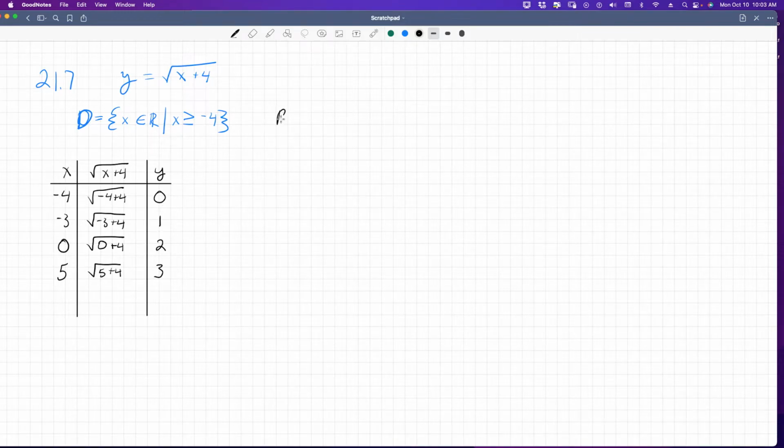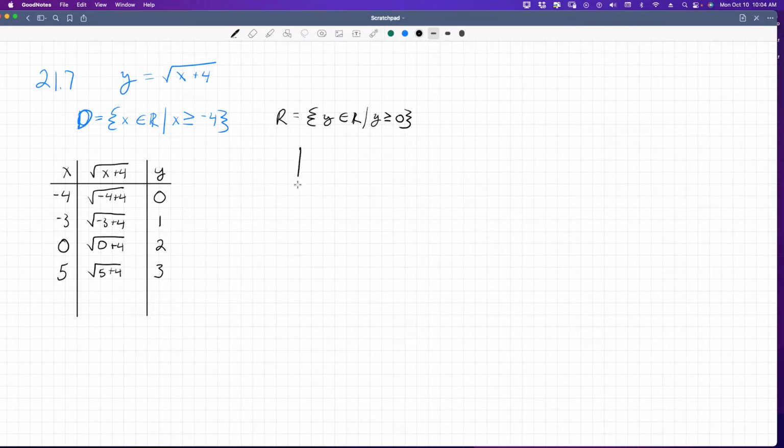So my range is equal to y is a member of the set of all real numbers such that y is greater than or equal to 0. Because it started at 0 and it goes up, it gets greater than 0. And now we're going to graph that.